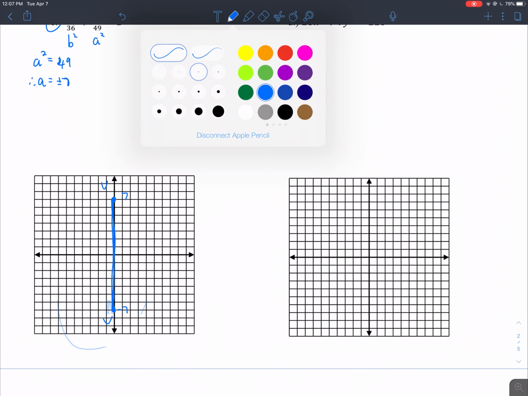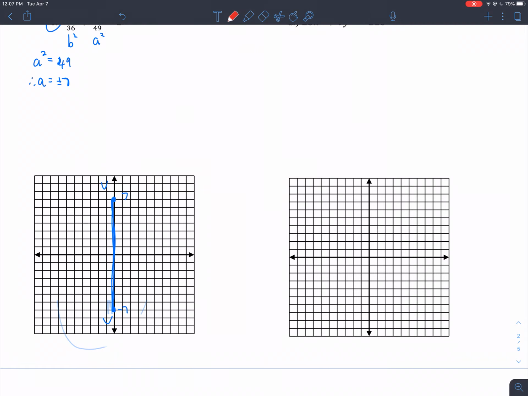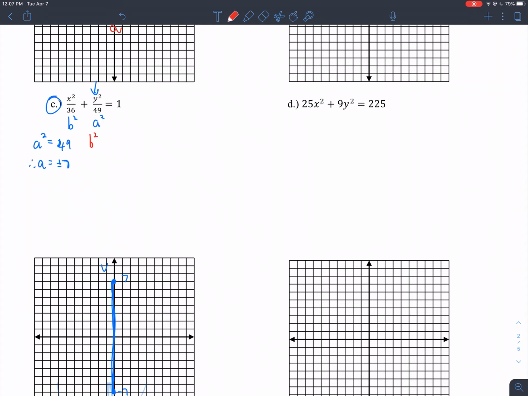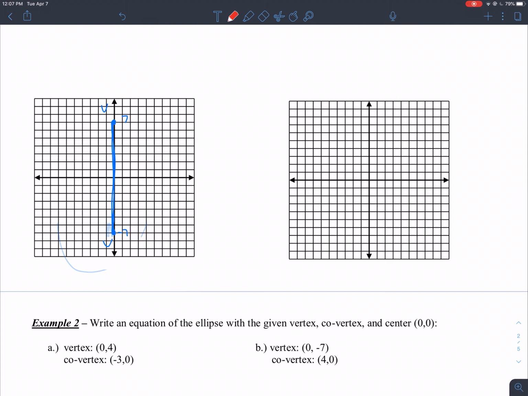Okay, and then let me use a different color. Let's do b squared then. B squared is 36, so if I take the square root, I get b is plus minus 6, and that would be on the perpendicular minor axis, at 6, so maybe here and here. Okay, and so these would be my co-vertices, and then again this is the minor axis right here, which is perpendicular.